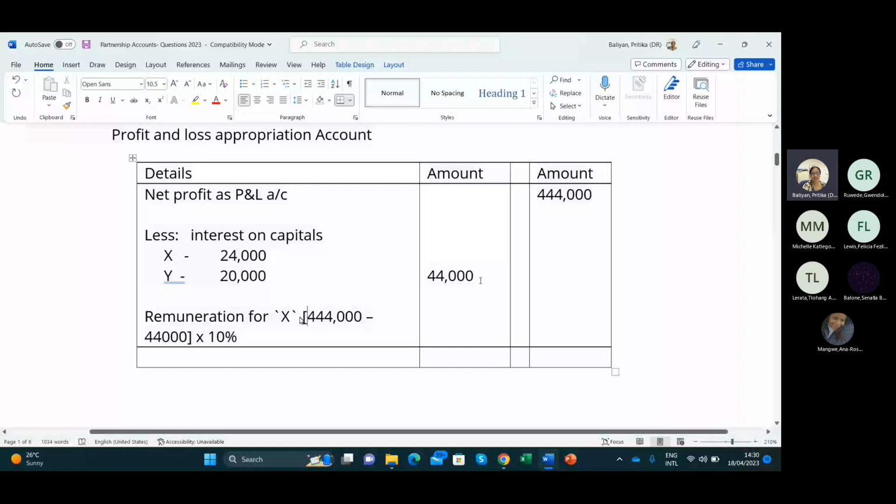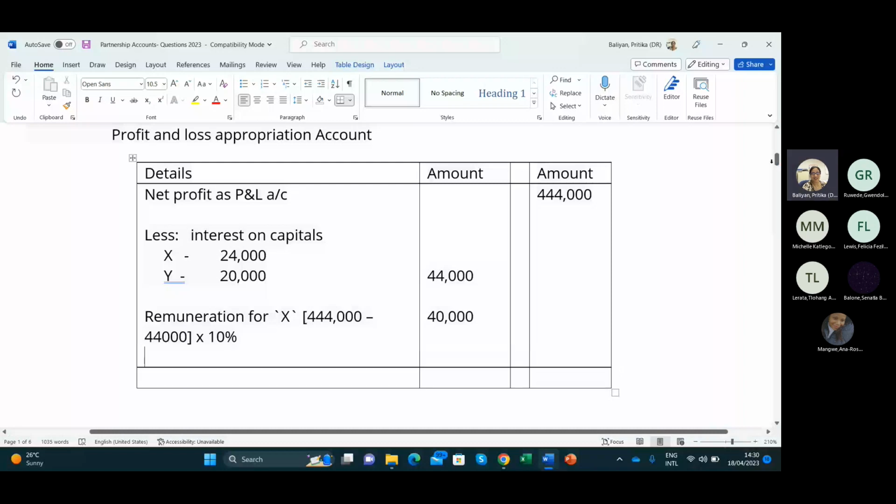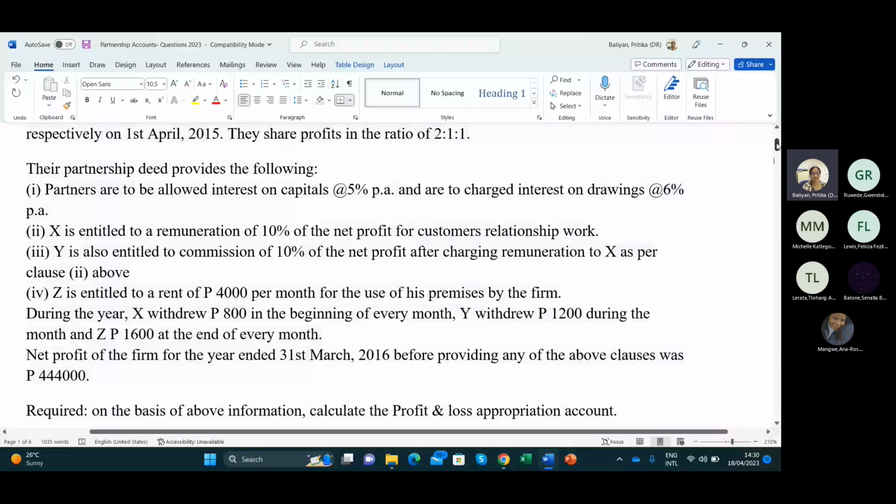So how much is the remuneration for partner X? It will be 400,000. 10% of 400,000 is 40,000. Okay. Then what's next? The question says X is entitled to the remuneration on the net profit of customer relationship. Y is also entitled to commission of 10% of the net profit after charging the remuneration to X as per clause 2.